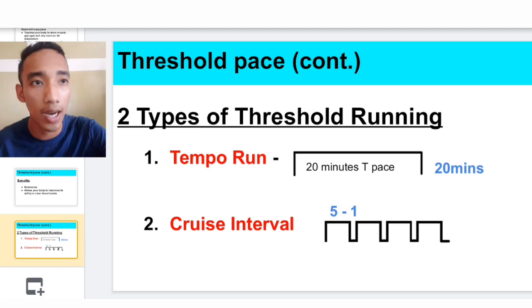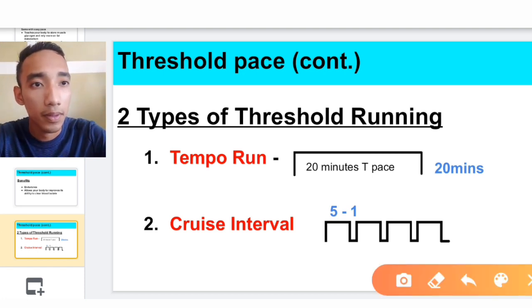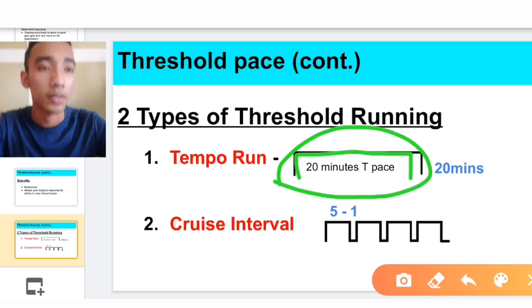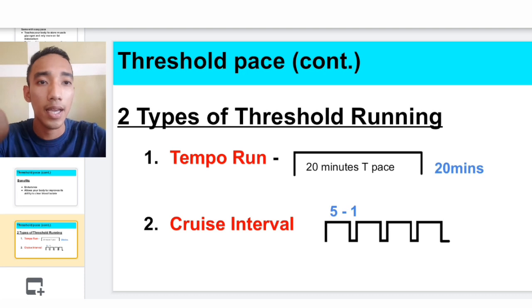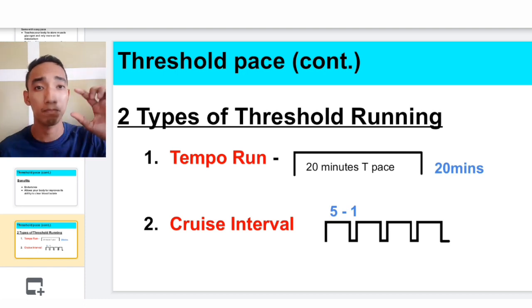Look at the graph, the tempo graph is steady and high. The second one is the cruise interval. It is based on short workout bouts at threshold with a very short recovery.